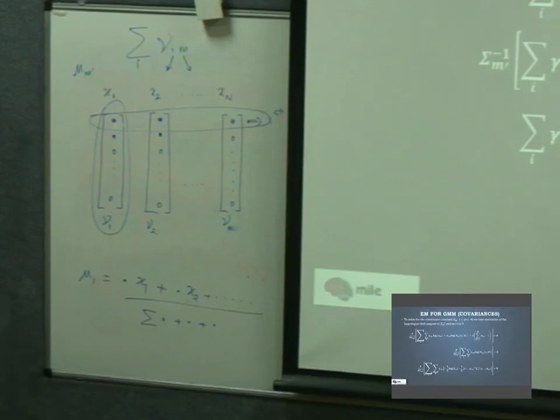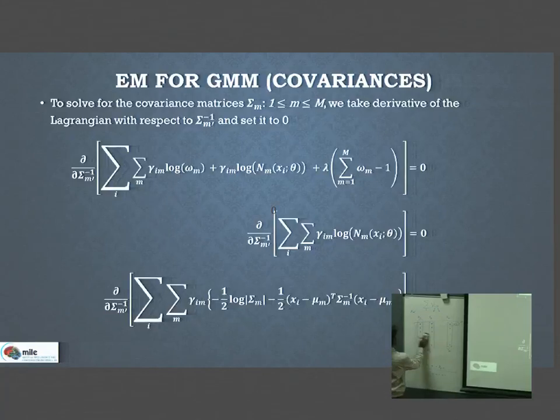Okay. Now we'll go to covariance matrix estimation. This procedure is a bit involved, so I'll try to go a bit slow. Again, we have the likelihood function, the Q function with the constraint, the Lagrangian of the Q function with the appropriate constraint, and we have to take derivative of this function with respect to your covariance matrix.